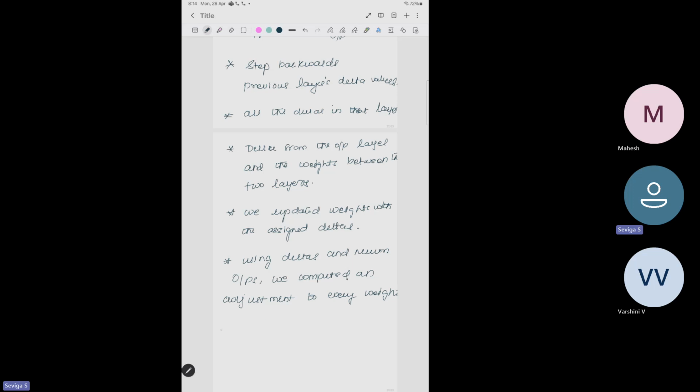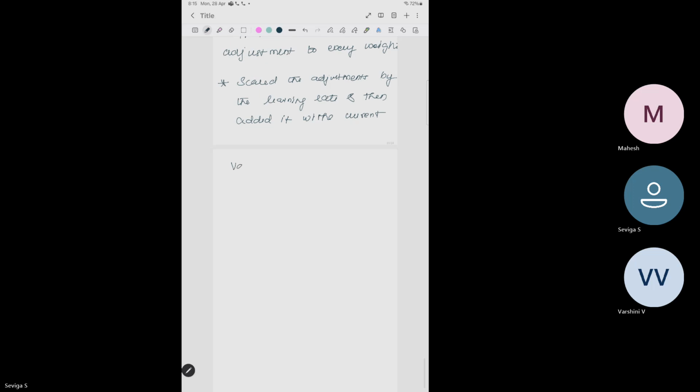Then we scaled the adjustment by the learning rate, and added it to the current value of the weight to get the new weight.